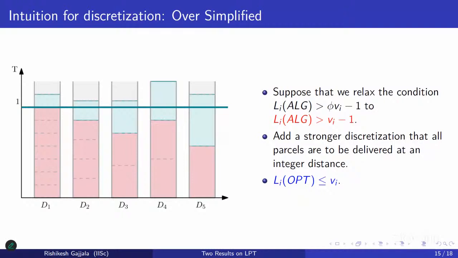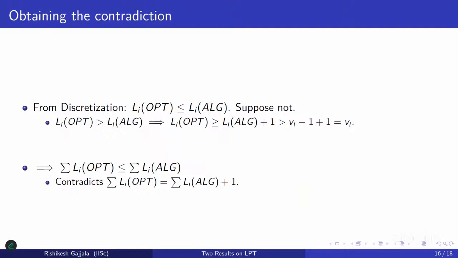And now it's easy to get a simple contradiction here. Suppose Li of opt is greater than Li of alt for some drone. We want to get a contradiction by assuming the contrary. Since these are discrete distances which are integers, Li of opt should be greater than or equal to Li of alt plus 1, because all the loads are integers now.